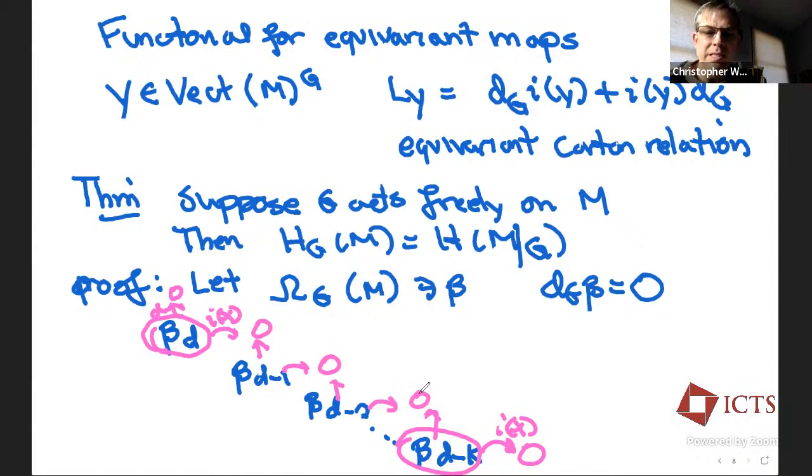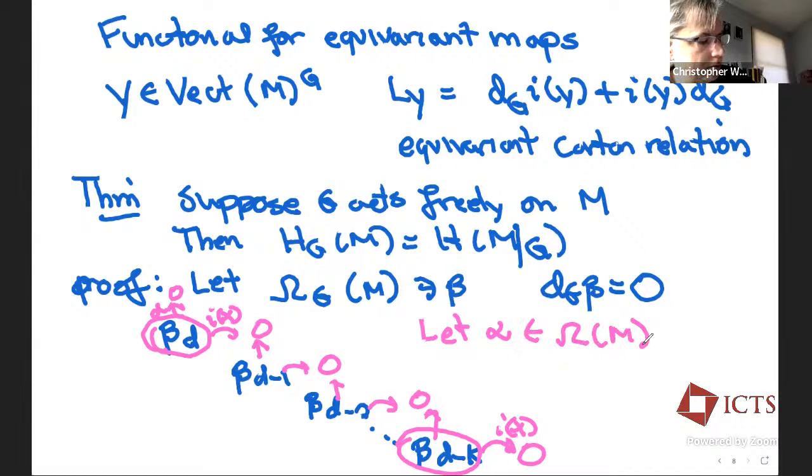Okay, so now the point is that because it's acting freely, you can think of it as a bundle over M/G. So I can take a connection form for the action.